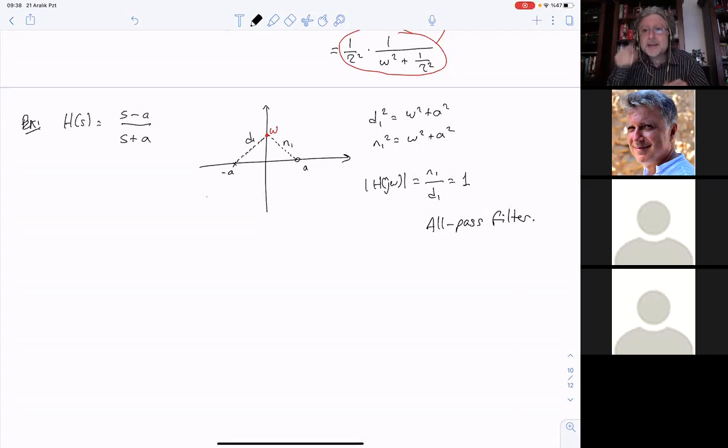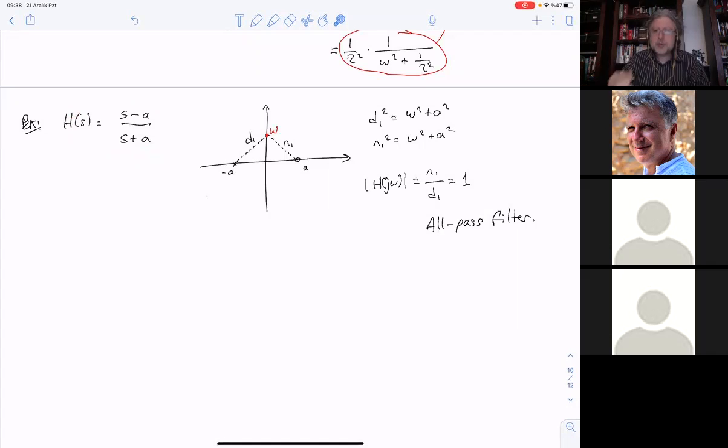But this one is not an identity filter. If you take the inverse Fourier transform or the inverse Laplace transform of this, you will see that it's definitely not equal to delta t. But it is still an all-pass filter. It's just distorting the phase.